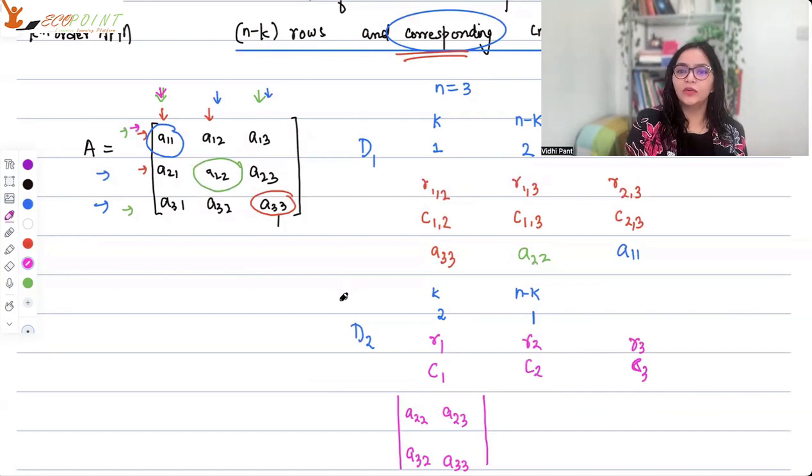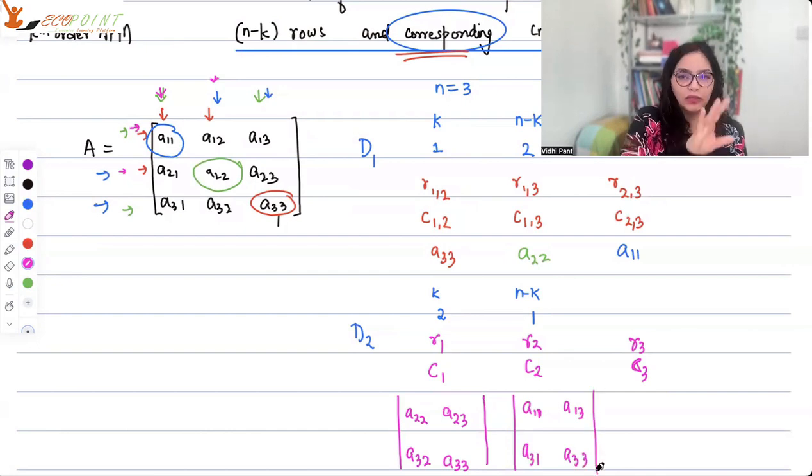Similarly, when you delete row 2, column 2, you will find the matrix A11, A13, A31, A33. You will not find 2 anywhere. Similarly with R3, that is row 3, and C3, that is column 3, that is just the last row and last column. It will be exactly the same as your leading principal minor.